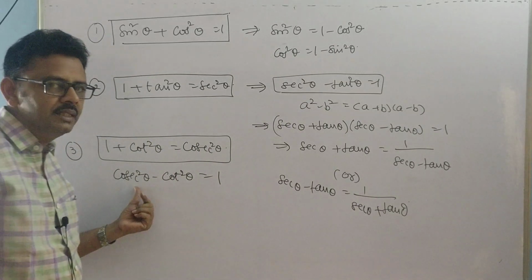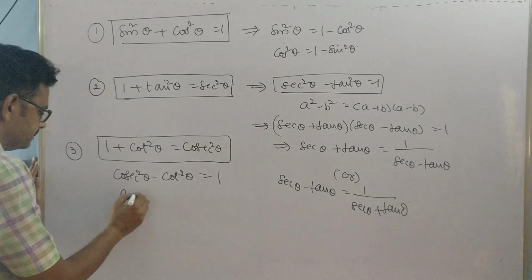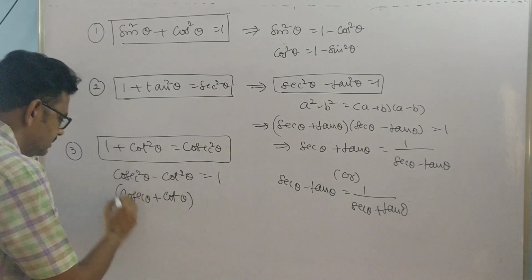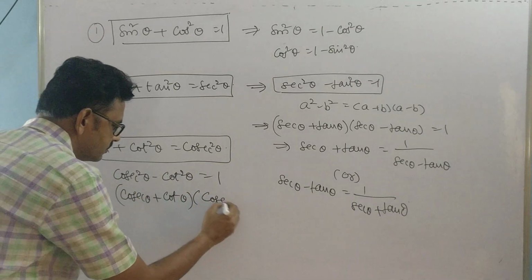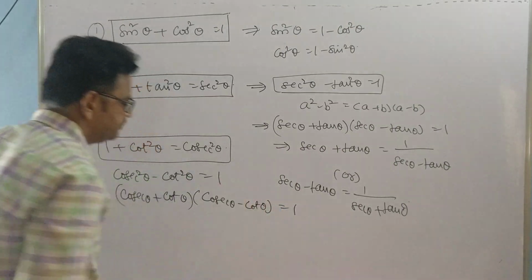So this is same as a square minus b square. This you write a plus b. Cosecant theta plus cot theta into cosecant theta minus cot theta is equal to 1.